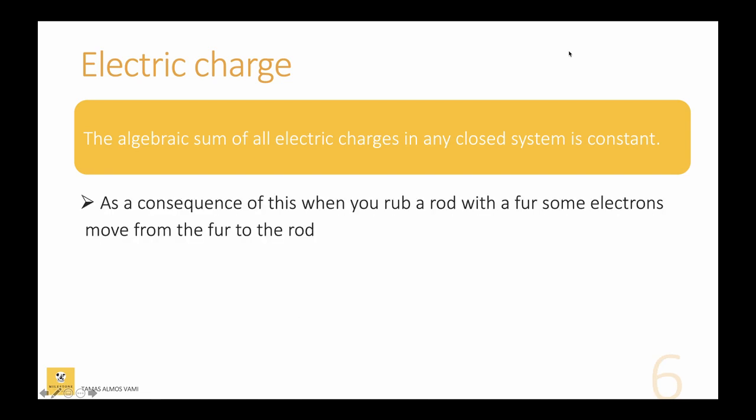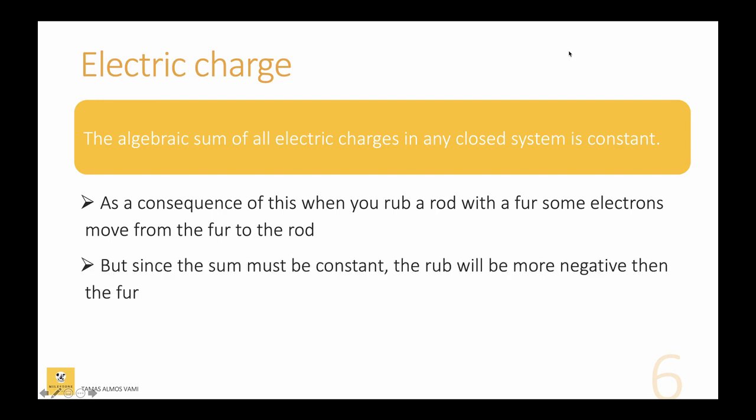The consequence of this is that when you rub a rod with fur, some electrons will move from the fur to the rod. We just discussed that the algebraic sum must be constant. That means that the rod will be more negative than the fur.